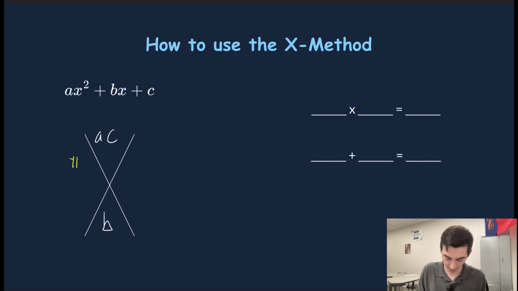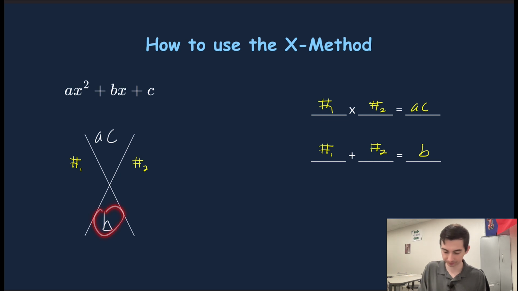And so we're going to have key number 1 and we're going to have key number 2. What these key numbers are, we want our two key numbers to multiply to the top, which we said was a times c, and we want those same key numbers to add to b down here at the bottom.